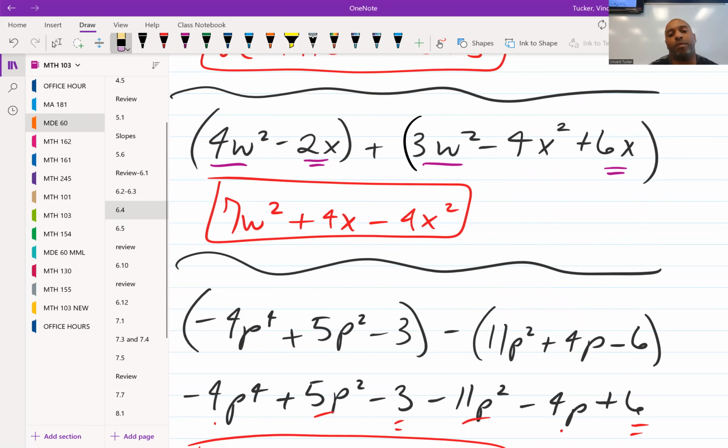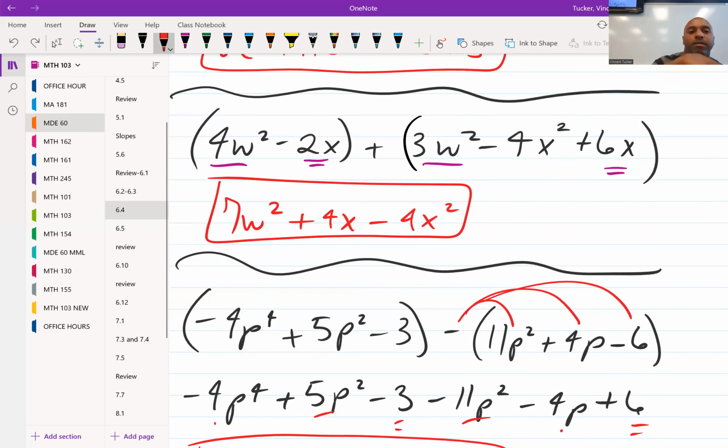So if we have negative 4p to the fourth plus 5p squared minus 3, minus the quantity of 11p squared plus 4p minus 6. Whenever you're doing subtraction, the minus sign that's sitting in front of a parentheses has to be distributed to the terms that follow.